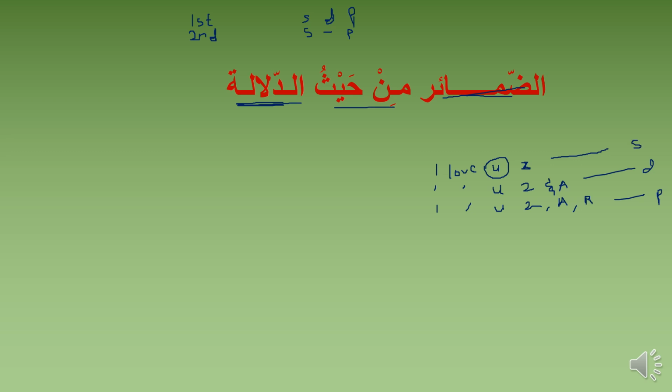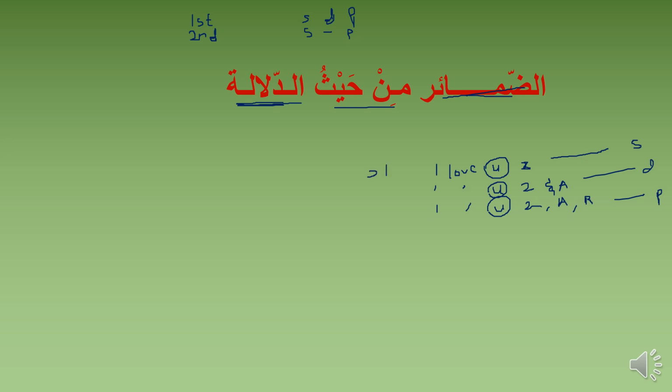So you can see we are repeating the you for singular, you for dual, and you for plural. But the beauty in Arabic is that we have different pronouns for these denotations. Like in this statement now we say what?